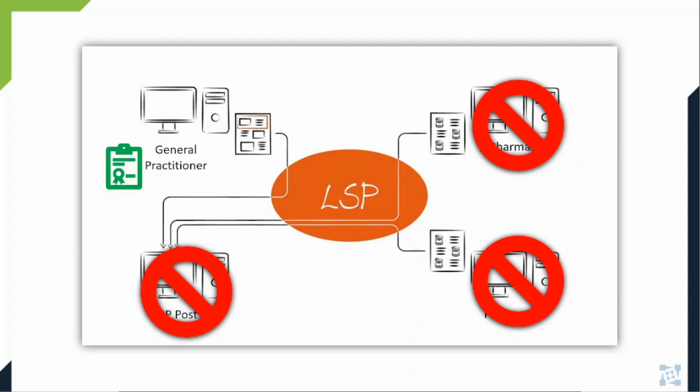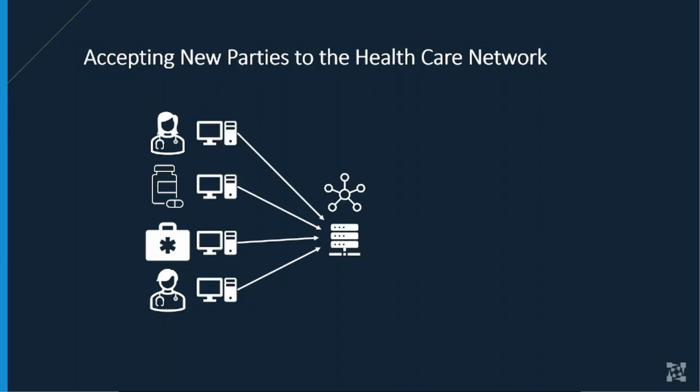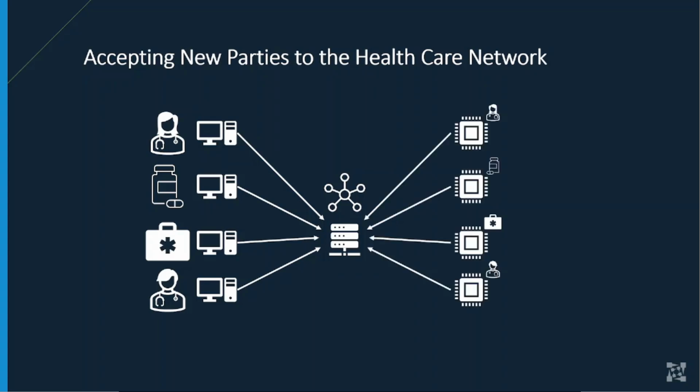So how did they approach that? Okay, you have the different actors in the field, and we're looking to accept that new party to the healthcare network. All of their systems should eventually be connected to that network node, that's VZ. So what they did, of all of these people, they created a simulation.